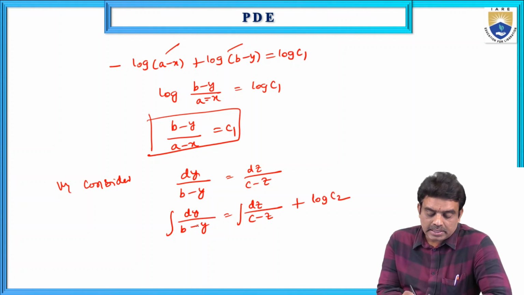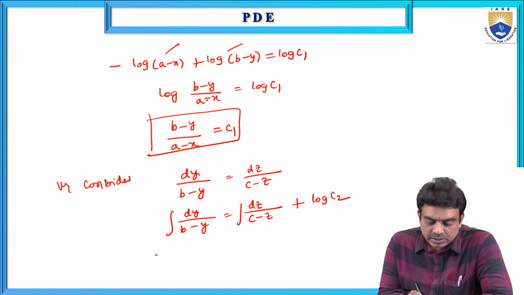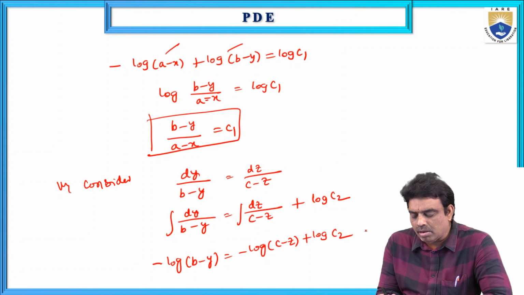So, what is the integration? 1 by b minus y. When you differentiate b minus y, you get minus 1, so the minus is not there. So, on multiplying with minus, we get minus log of b minus y is equal to minus log of c minus z plus log c2.